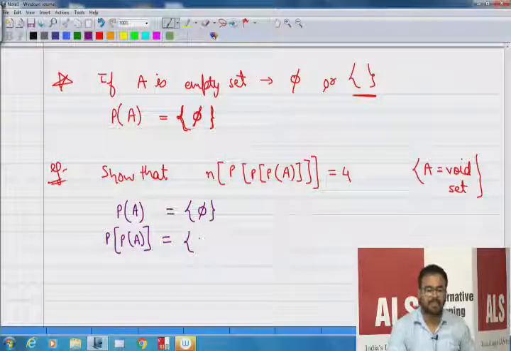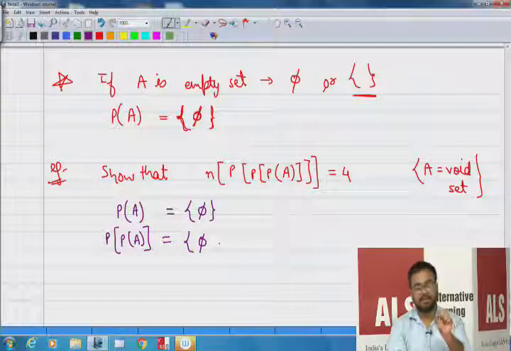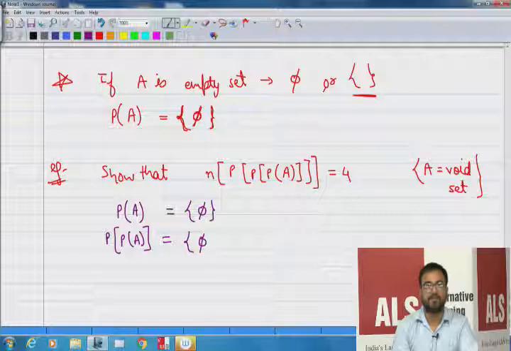Phi will always be a subset. How many subsets will it have? One phi will be there, and this element, this phi. You can see this phi and this phi are not the same. This phi is of the empty set, and this phi again.